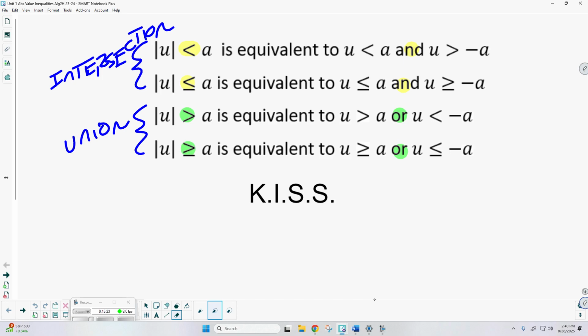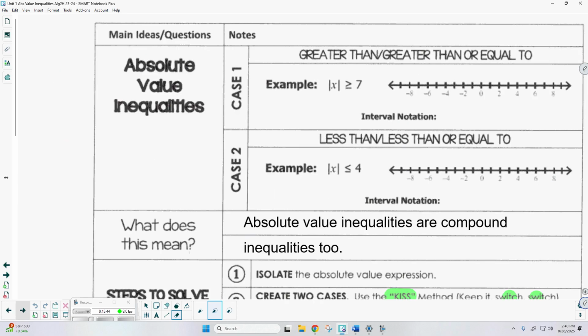If the absolute value is greater than or equal to, you're going to use what's called the union. Now, this is how you're going to set up your two inequalities. Just like we set up two equations, you're going to set up two inequalities. We're going to use what's known as the KISS method, but I'm not going to tell you that until we get to an actual problem. So let's see what we have here.